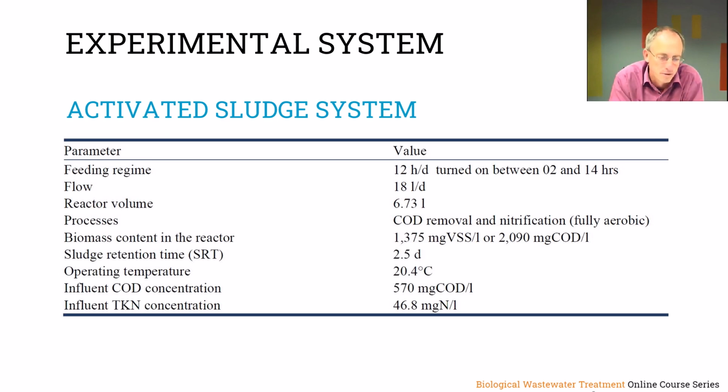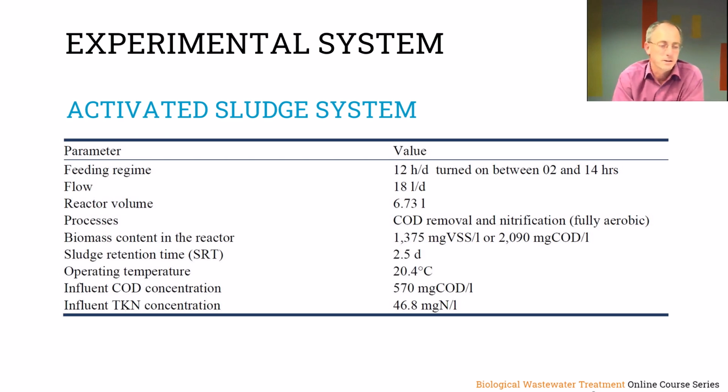The reactor had a volume of 6.7 liters. The flow rate treated was about 18 liters per day. They measured the VSS content in the reactor of 1300, the COD content of the reactor of 2000, a solid retention time of 2.5 days, a temperature of 20 degrees, and the incoming COD was about 570 milligram per liter, and the Kjeldahl nitrogen almost 50 milligram per liter.